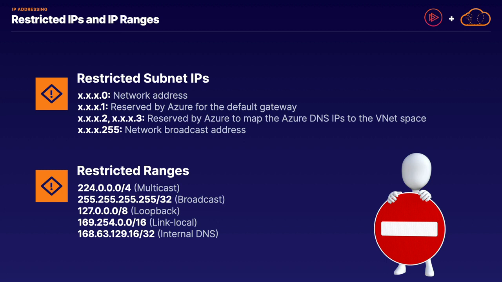This address is often referred to as the Azure Wire Server address, which is a globally available IP address that Azure uses in the background to manage a large number of different network communications. We're going to talk more about this address in more detail when we talk about DNS in the next section.